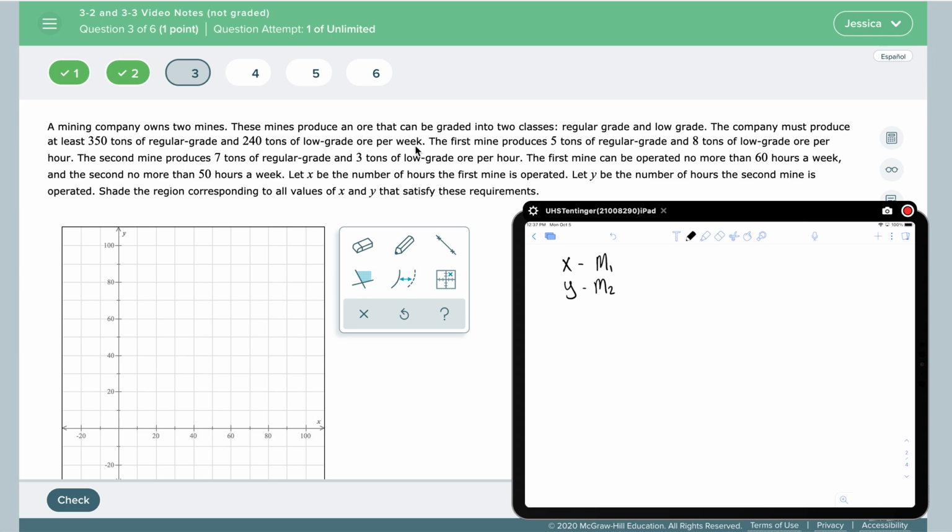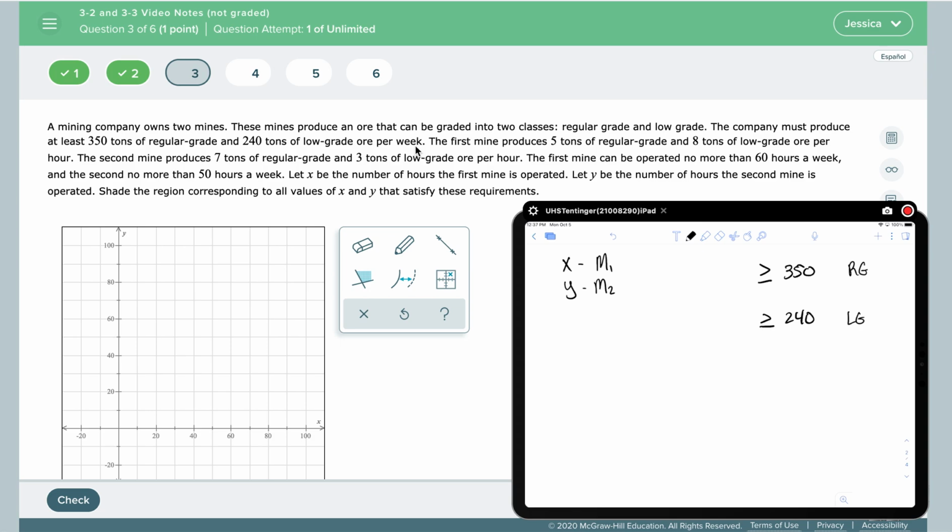So if that's at least, I'm going to need something to be greater than or equal to each of those numbers. So this is 350 and 240. And just kind of as a reminder, this is regular grade, and then the 240 was low grade.